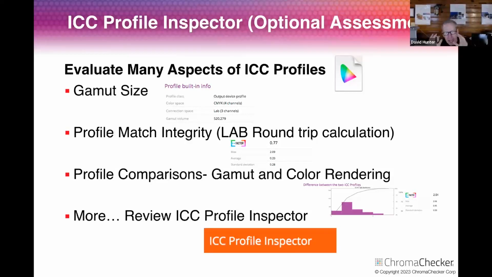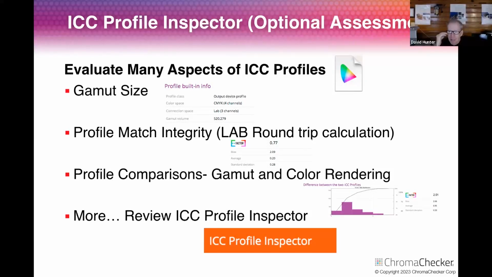in today's higher quality level of profiling, you should be expecting an E factor on the round trip of less than 1. So that means the 95th percentile of the input color to the output color is less than 1 delta E. That's reasonable. But some low-end profiling software programs, you'll see an E factor of 5 when you do the round trip.